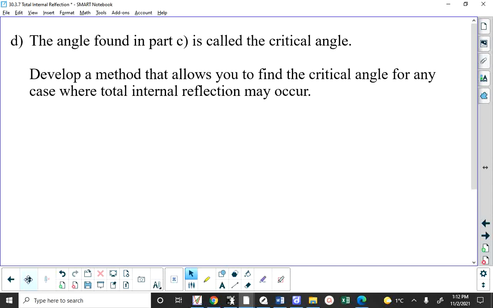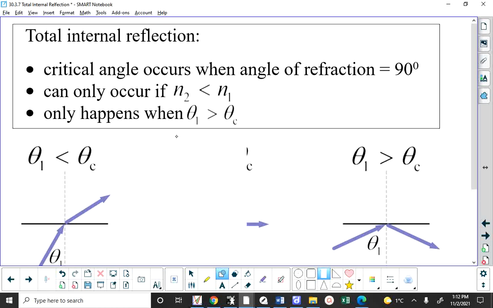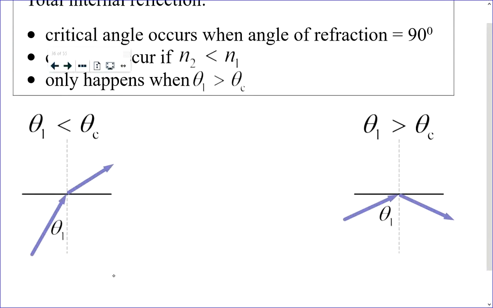It's called the critical angle because if the angle of incidence is less than the critical angle, refraction happens. But if the angle of incidence is more than the critical angle, the light reflects. Total internal reflection happens.